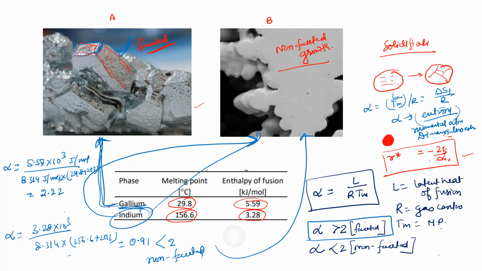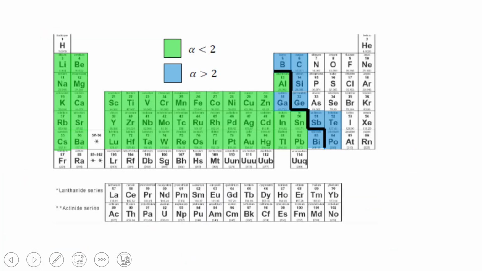In the next slide, the list of elements which show faceted growth and which do not is shown. The green one shows non-faceted growth, that means some kind of dendrite structure.